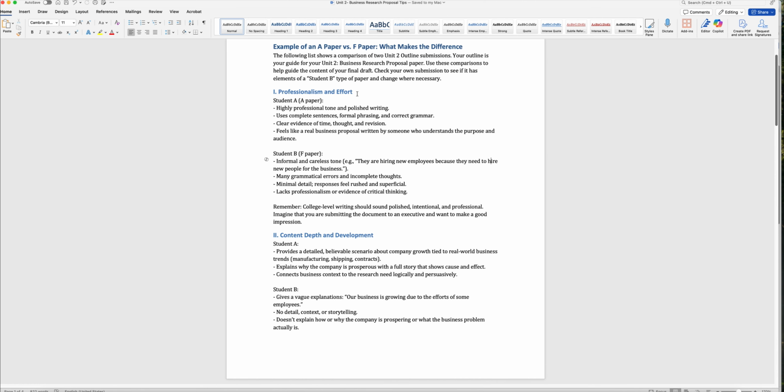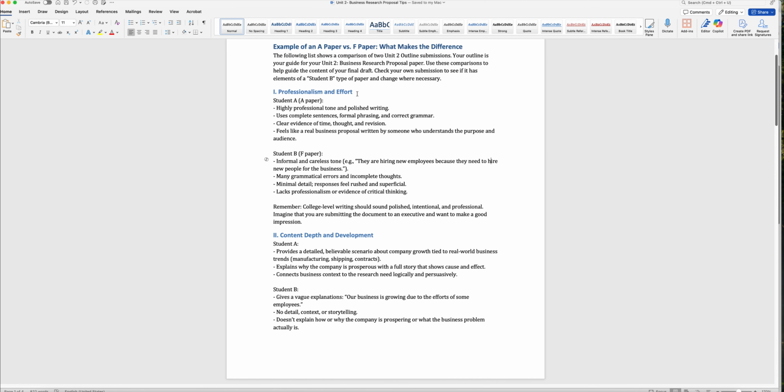Imagine if you're reading something and the person has written the paper like they are having a casual conversation with you. That would be very frustrating to you because remember, you're writing to a very busy CEO or business owner. They don't have all day to try to figure out or interpret what you wrote.